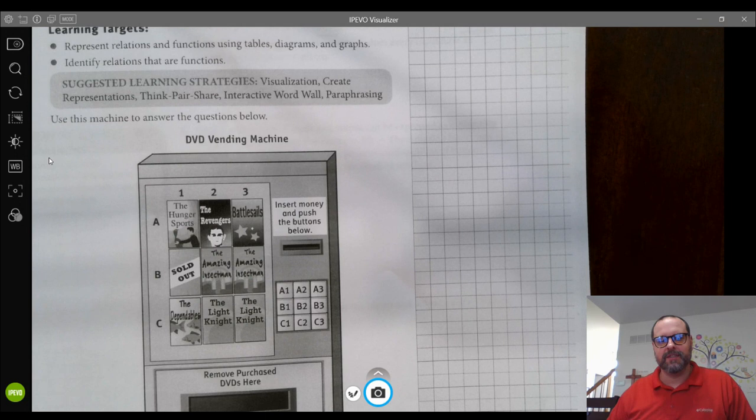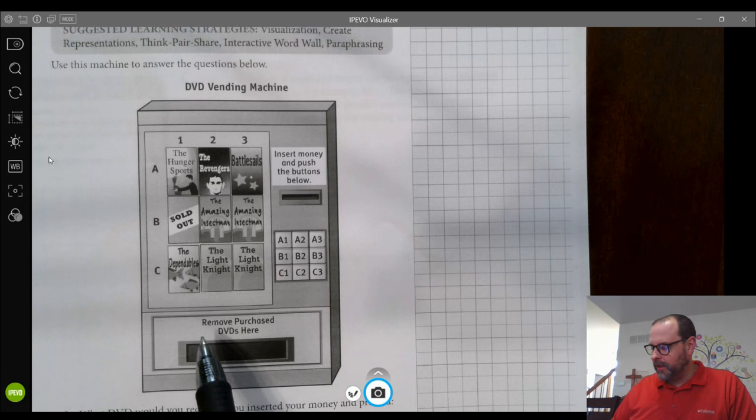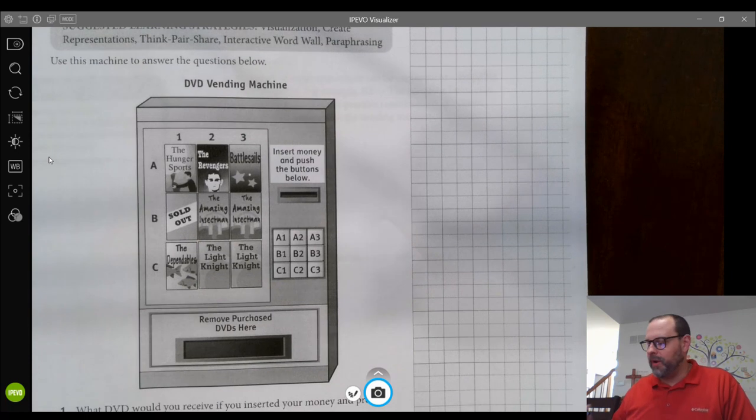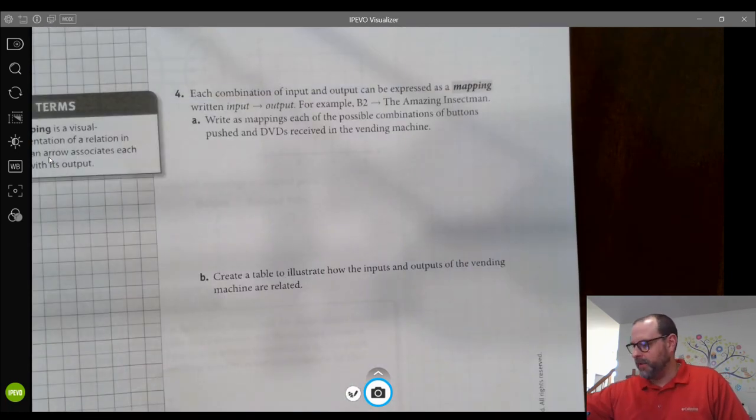But I don't think there is. Well, for this sake, we're going to say that just means there is no actual movie in the sold out file. So that means if I hit B1, nothing would literally come out of the remove purchase DVDs here. Okay? So not all of them have an output, and that's a possibility sometimes.